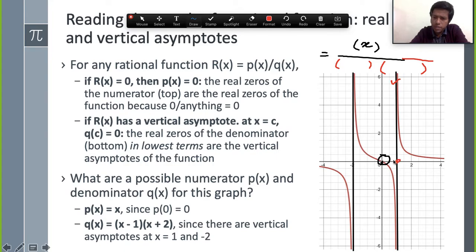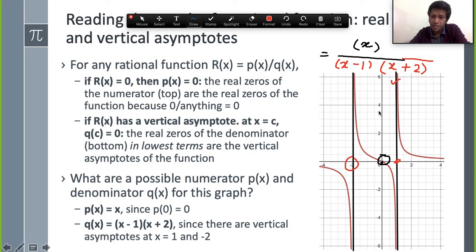This value is at 1, so the term must be x minus 1. And this is at minus 2, so it must be x plus 2, because if it is plus 2 the asymptote is at minus 2, and if it is minus 1 the asymptote is at plus 1.